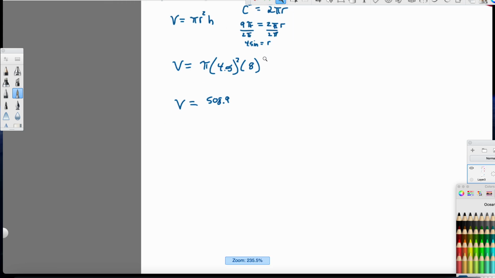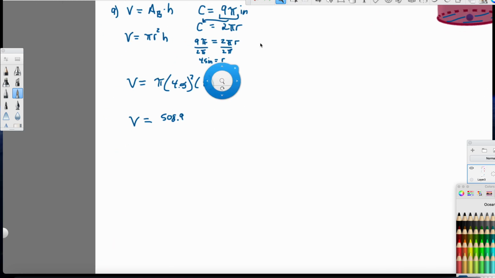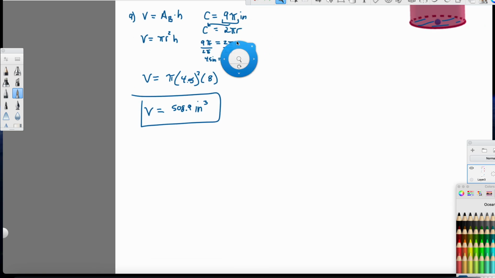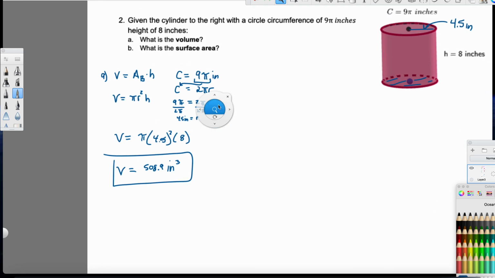And the units, I think they're in inches, right? So volume would be inches cubed. Okay, there's our solution for volume.